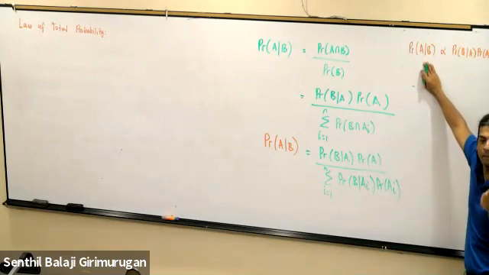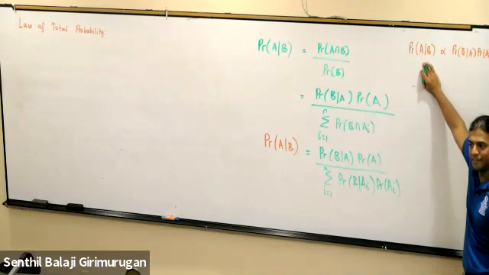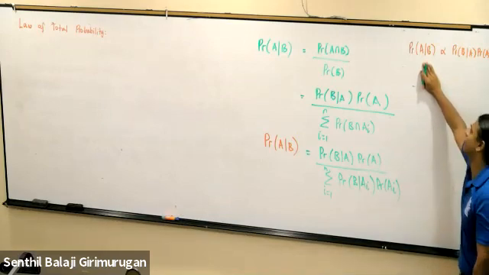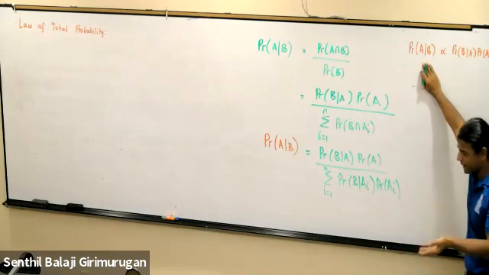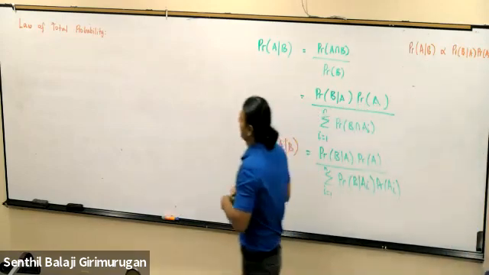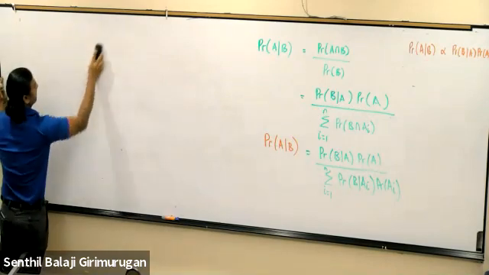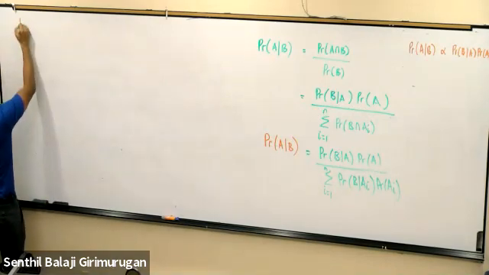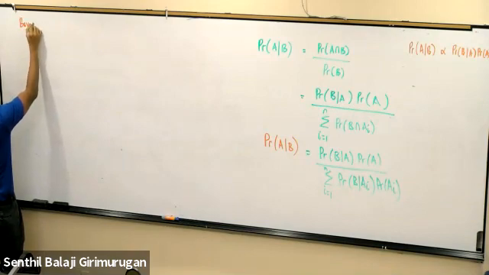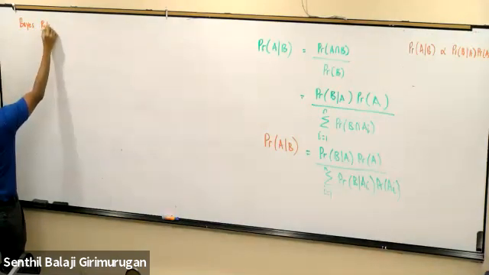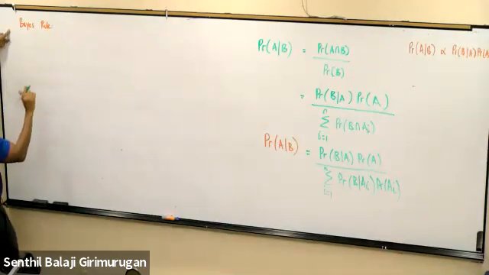I used a very specific word last time. It starts with the letter E, ends with the letter E. Evidence, right? Given an extra bit of evidence, what happens to A? And that is Bayes' rule.